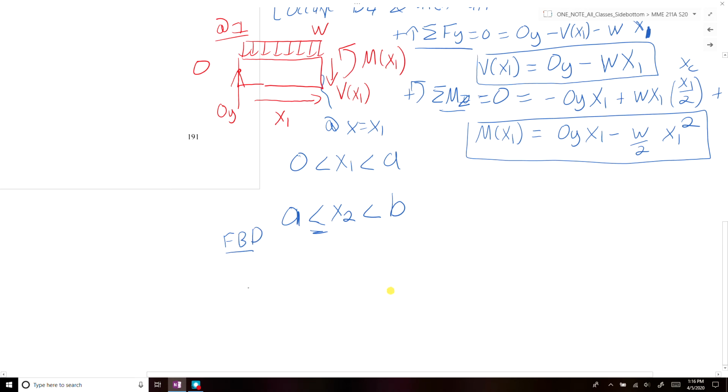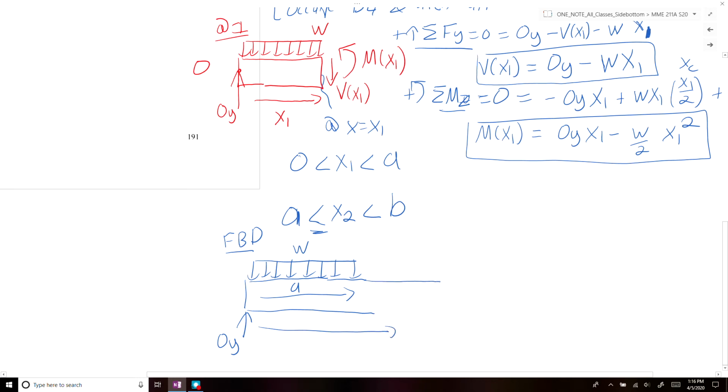And so what we'll have in this case is our distributed load W for a distance of A. We will have our applied load, or our reaction force OY still, and then our section cut will occur, so we'll have V of x2 and we'll have M of x2.